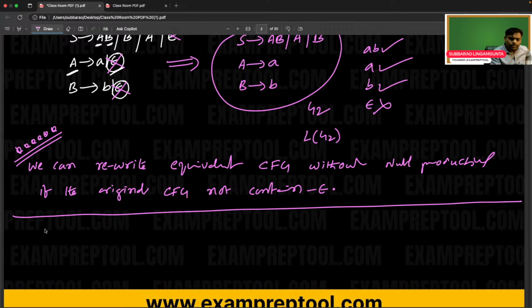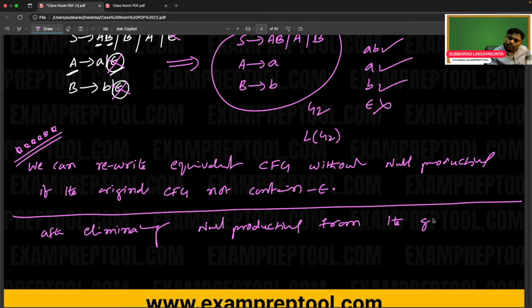After eliminating null productions from the given CFG, we may not get an equivalent CFG.